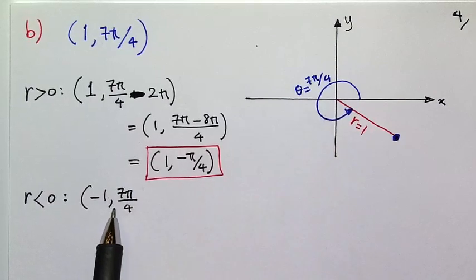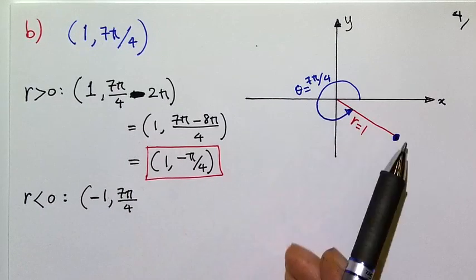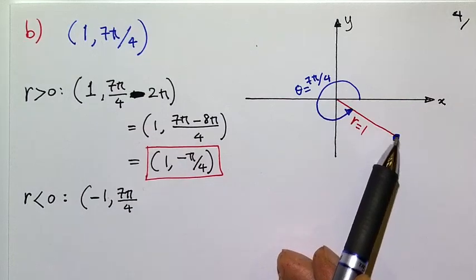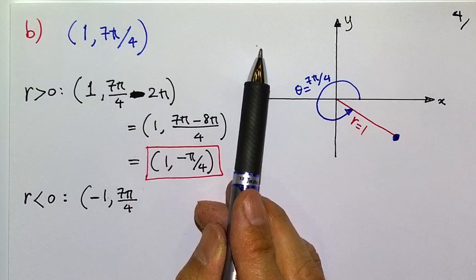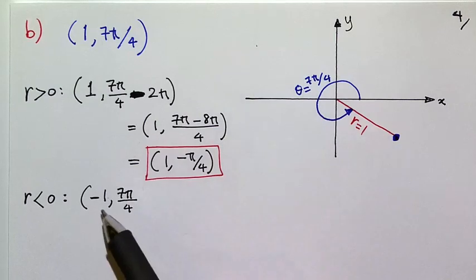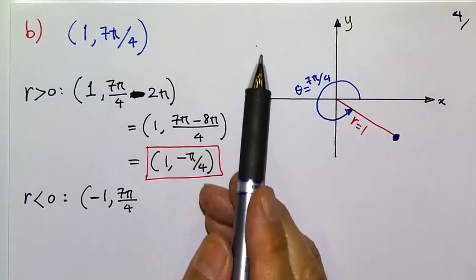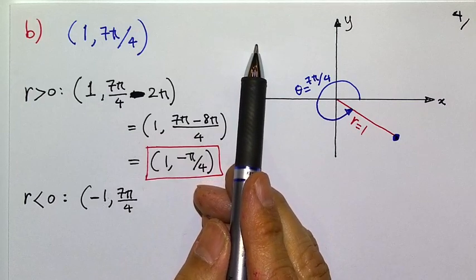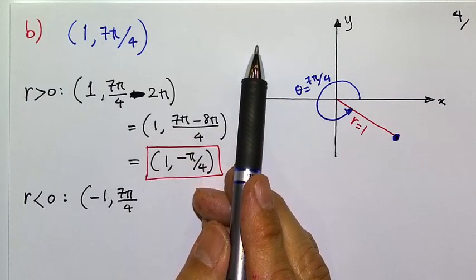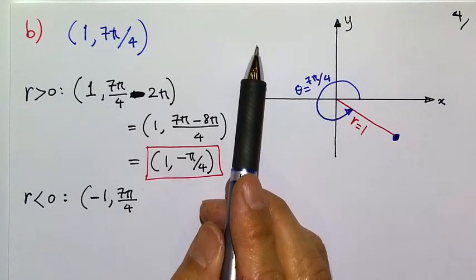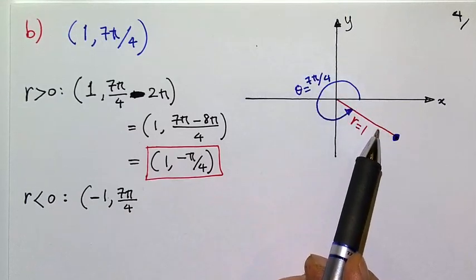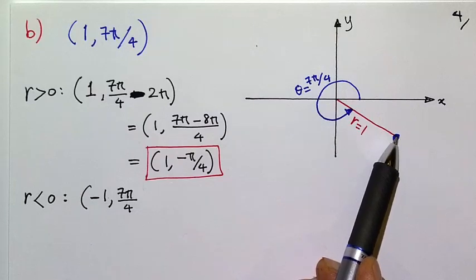So right now, if I stopped, am I here? No, I'm going to be here. Do I want that? No, I want to be back here after switching to r negative. So all I have to do is either add pi, which would be going counterclockwise, or subtract pi, which would be going clockwise back to the point where I started.